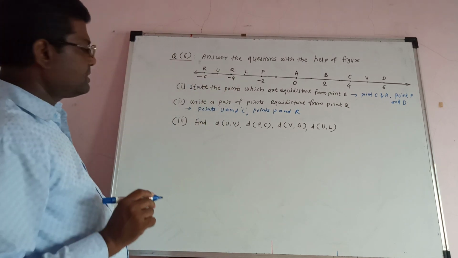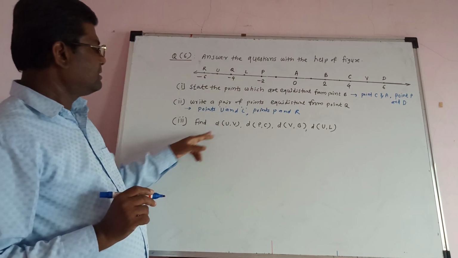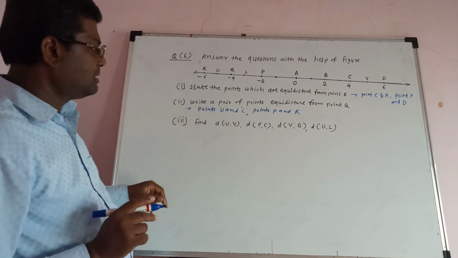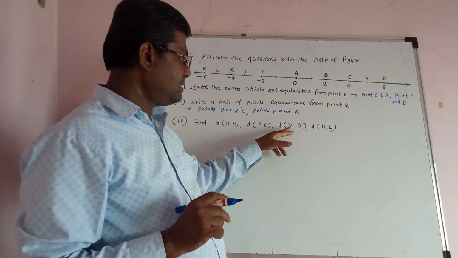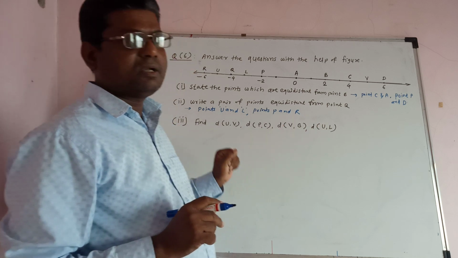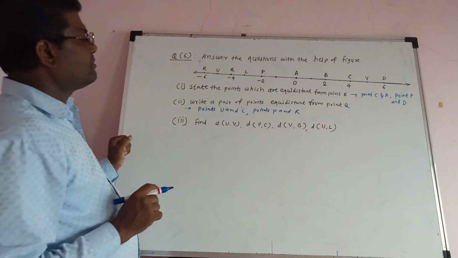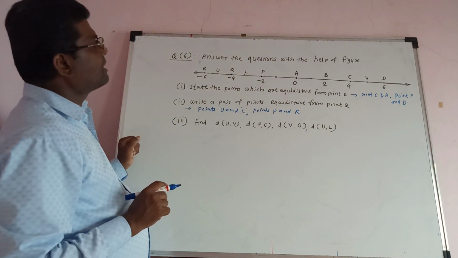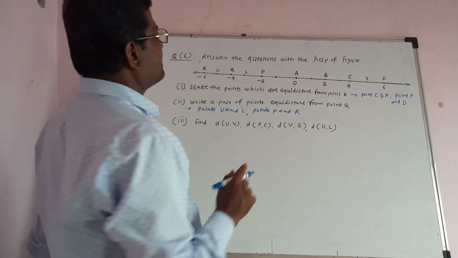Now example number 3. Find the distance of UV, distance of PC, distance of VB, distance of VUL. Now let us see.